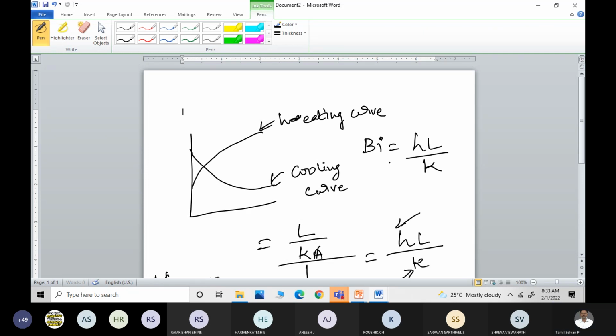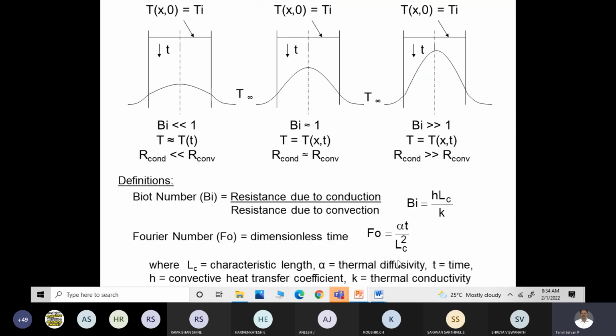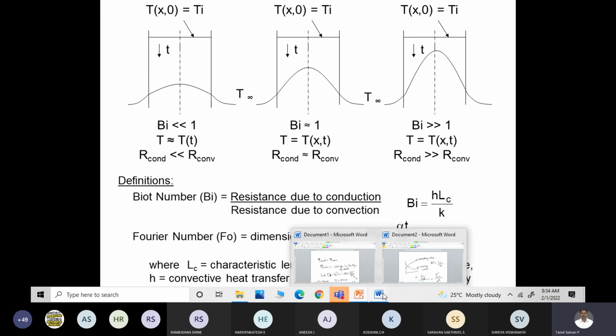Is it fine, students? Yes, sir. So what is the Biot number? It is a dimensionless number which decides whether we have to assume a lumped parameter system, semi-infinite solid or infinite solid. It's very important.